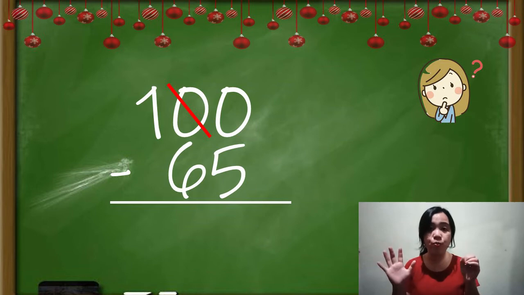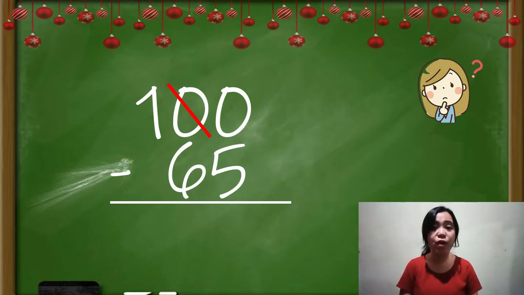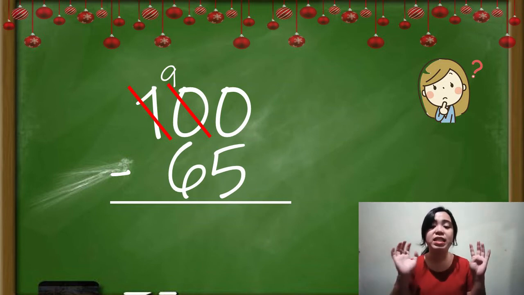So what should we do? We will borrow from the neighbors on the left side. But the neighbor is also 0. What should we do again? Of course, we will borrow from the next neighbor, which is the 1. So therefore, the tens value, which is 0, will become 9.